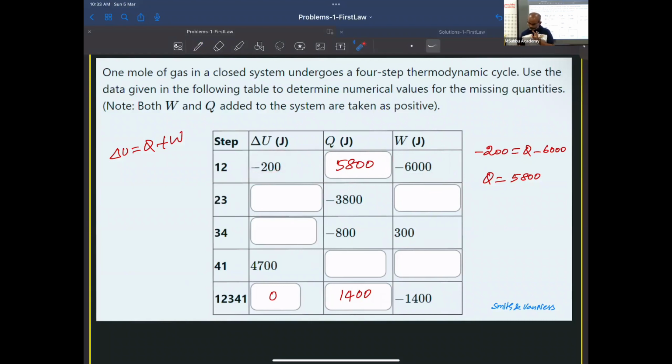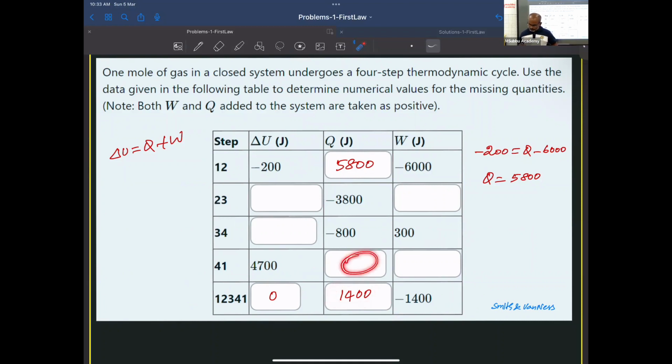So now, this problem is like solving a Sudoku. First we solve this based on the starting point. Delta U for a cyclic process is 0. We can use this as a starting point, or this as a starting point. Now we can fill this column because this is now known.